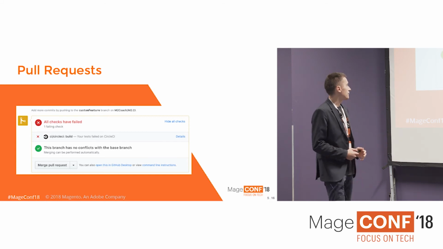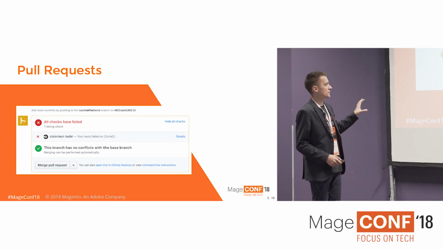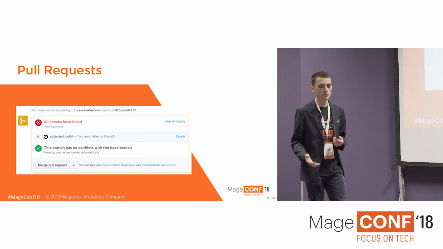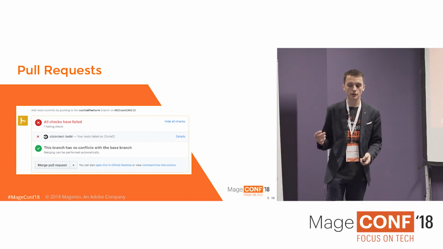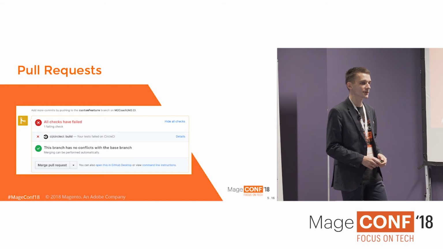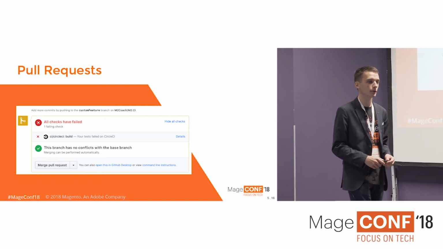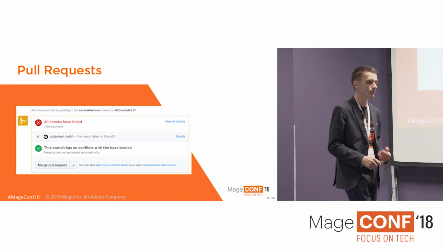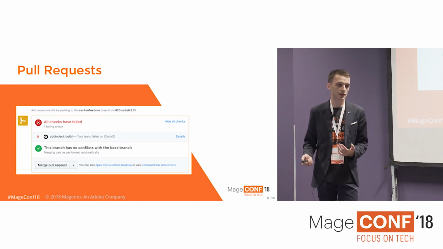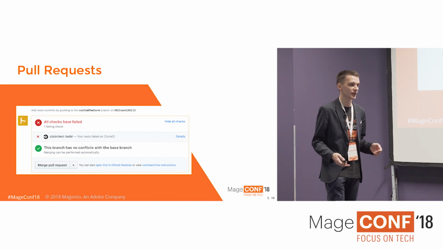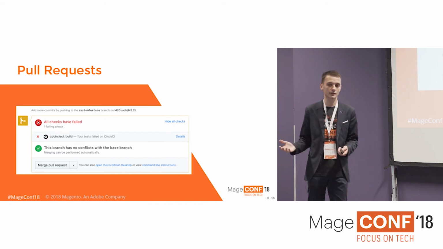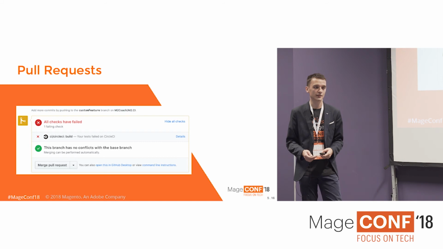And by default, the merge is blocked after failing the test. So even if someone is concerned about errors in the code and wants to merge that, he is not able to, because GitHub blocks that possibility for the maintainer.